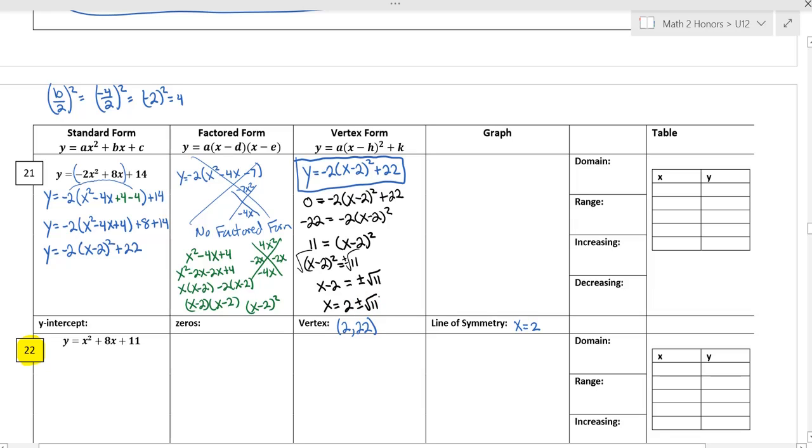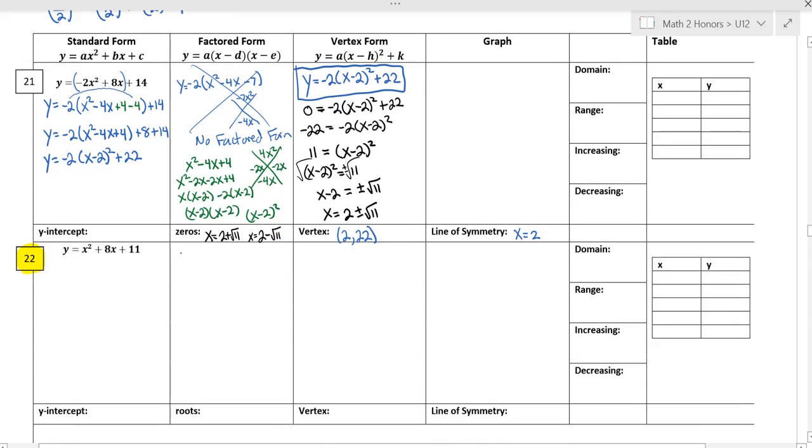And so our zeros are x equals 2 plus the square root of 11 and x equals 2 minus the square root of 11. And when I find my x-intercepts, they are going to be 2 plus the square root of 11, 0 and 2 minus the square root of 11, 0.